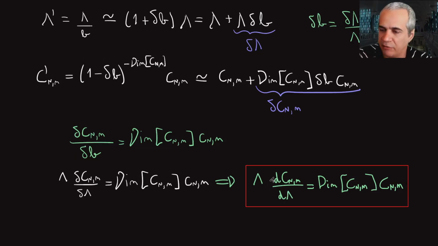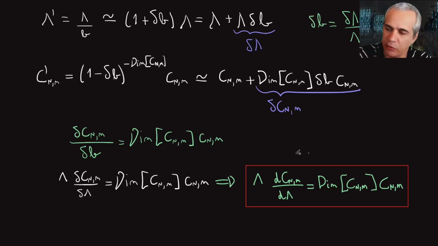So I found a differential equation for the relation between these two things, the Wilson coefficient, which impacts directly our observables at low energy, and the cutoff. This is pretty much the way all the renormalization group equations work, right?